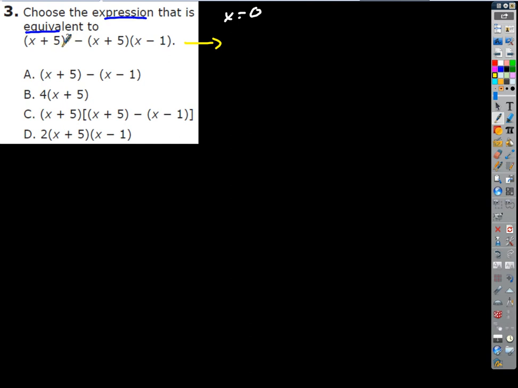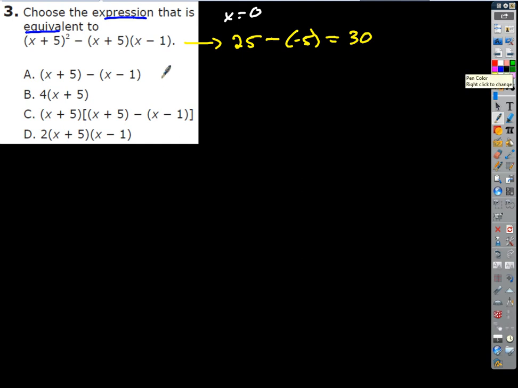Squared is 25. Minus, 0 plus 5 is 5, right? 0 minus 1 is negative 1, so 5 times negative 1 is negative 5, so I get 30 if I plug 0 in. Okay, let's try the others.